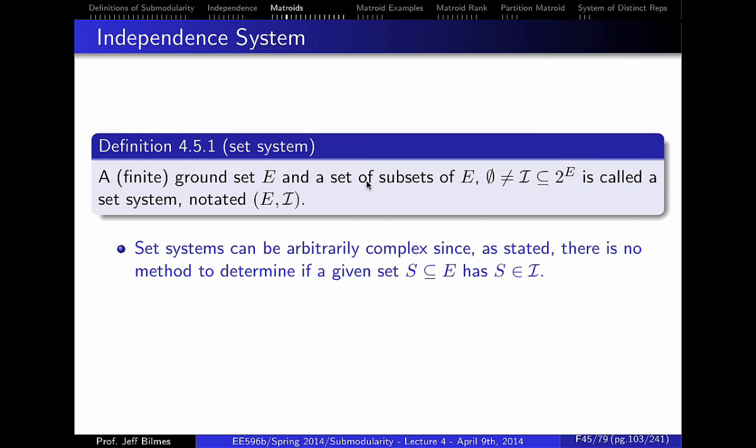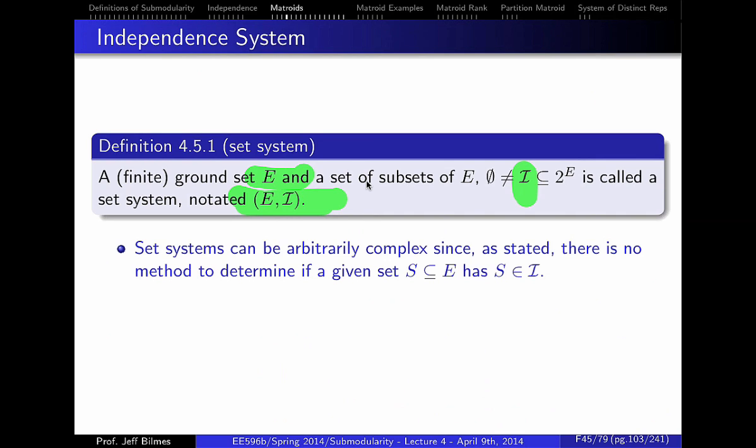So the first thing to note is that we've got a set system. A set system is basically the following: we've got some ground set E, and we've got a bunch of subsets I. So E is some finite ground set, and I is some set of subsets, and we notate it this way: E, comma, script I. Now there's nothing special or particular about I. We can choose any arbitrary subsets we want.